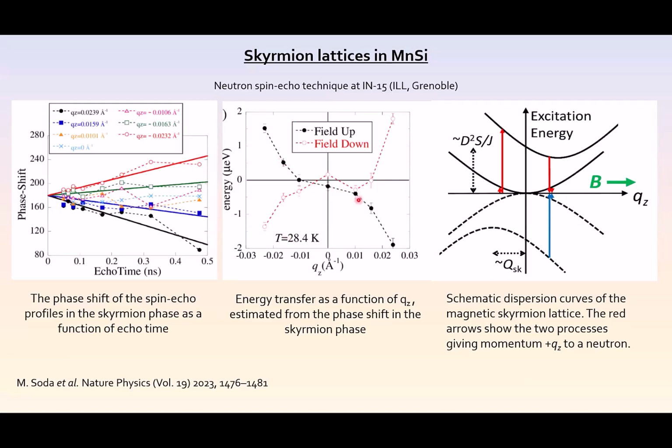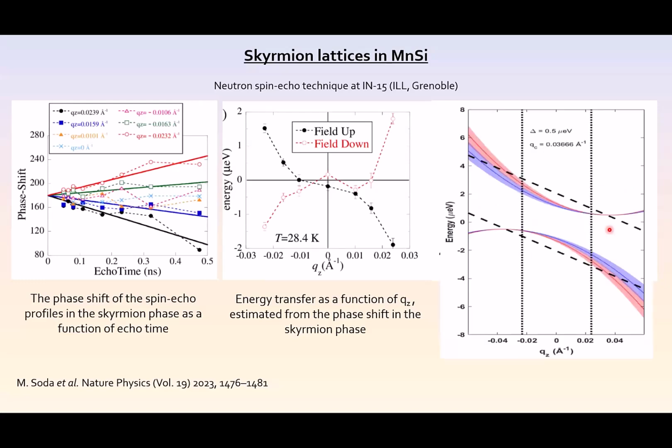We can make a dependence of energy transfer on the QZ vector. And finally, here you can see the dispersion curve, which in our case we estimated as an asymmetric dispersion.